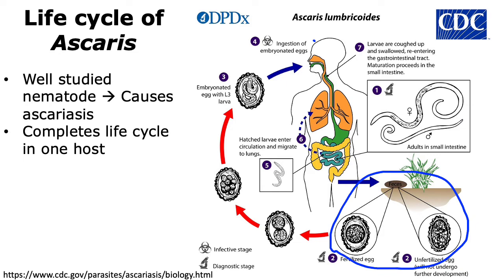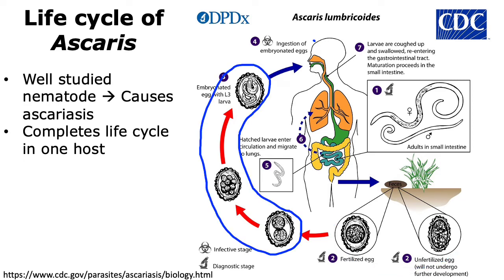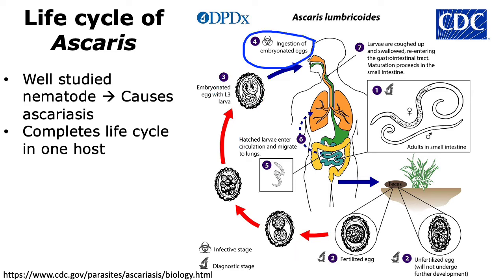The fertilized eggs can start the process of embryogenesis and undergo certain stages of development before they are ingested by an unsuspecting host. And thus the cycle continues. Hence, in this example, Ascaris is using only one host to complete its life cycle.